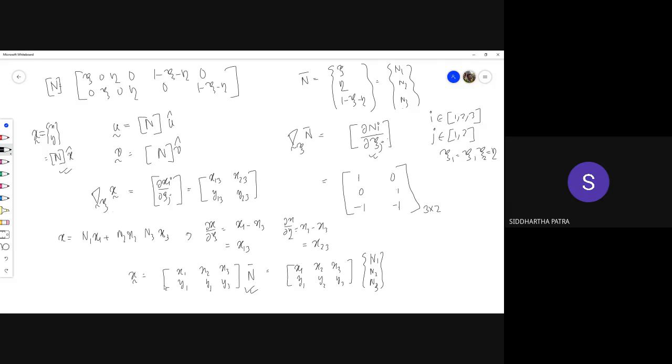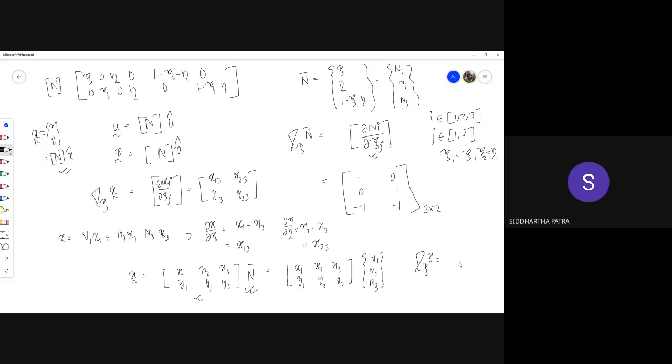Now if I take the gradient of the physical coordinate with respect to the natural coordinate, you see these are nodal coordinates x1, x2, x3, y1, y2, y3, and they are independent of xi and eta. So when you take the partial derivative, you don't take the partial derivative of these quantities, but instead you take the partial derivatives of the shape functions.